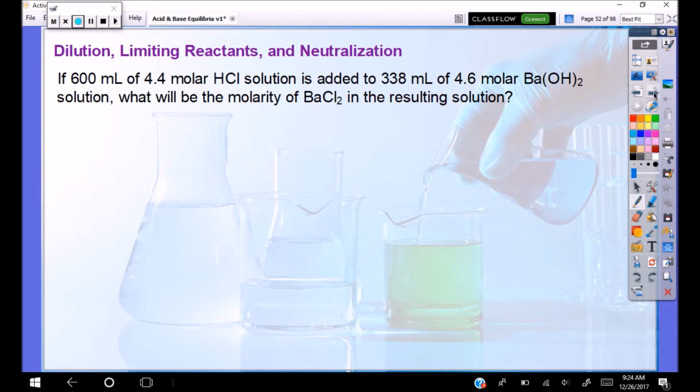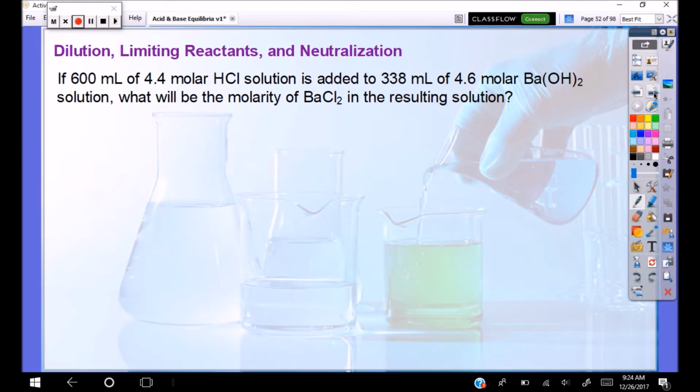So one of the things we have to keep track of, that's just finding the concentration itself, but we also have other situations where they may tell you both your volume and your concentration, and we want to know what the resulting molarity will be. So dilution does play an effect. We are adding things that are dissolved in water to other things that are dissolved in water.